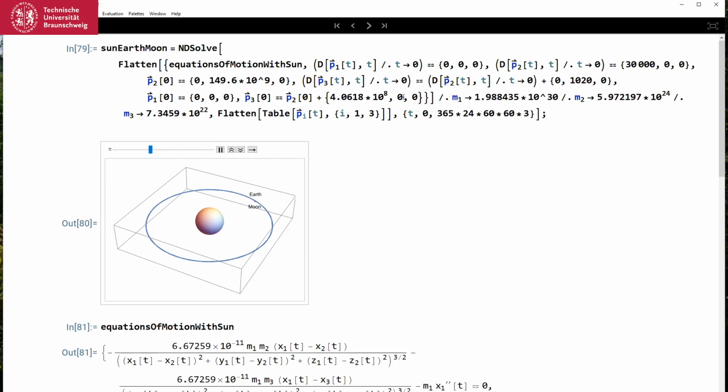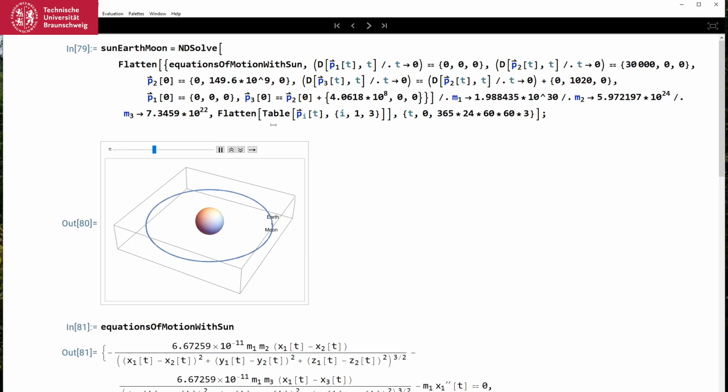Then what is the velocity of the moon? In the system of the Earth, it's the velocity of the Earth plus what we had before. And the position, the same thing. The position of the moon is the position of the Earth plus the distance of the moon and the Earth.